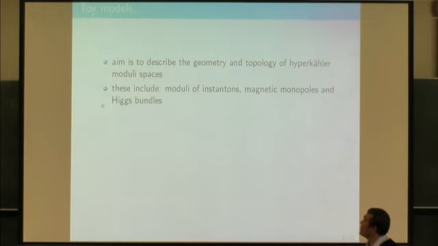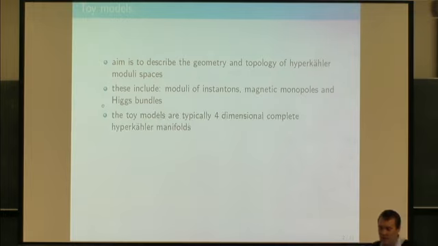So this is the source of the spaces. Then we are interested in really just as examples to explain the geometry and the topology that we have been recovering by research was to understand toy models, examples of these moduli spaces which are understandable by other means.